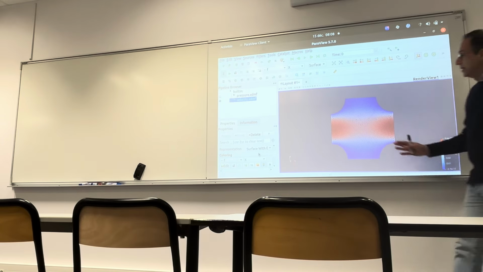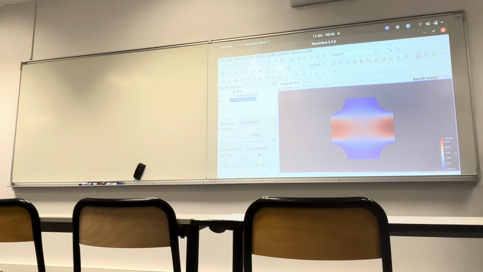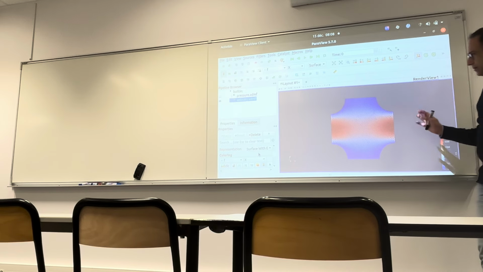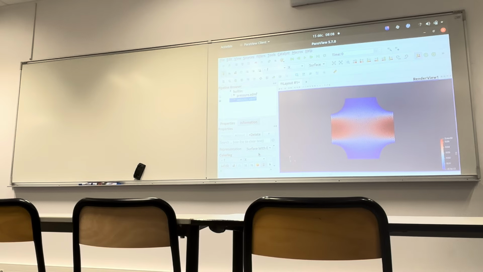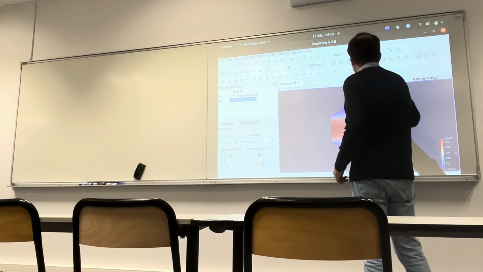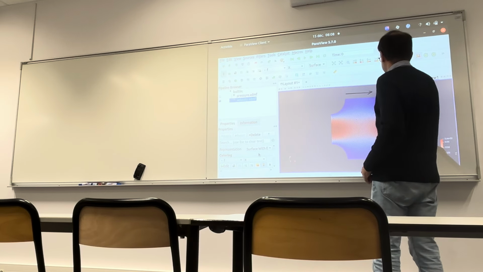So this is the solution of the problem that we got for the velocity field, for the x component of the velocity field, which obviously is periodic in x and y. This is quite evident. Similarly, we obtain, due to what? Due to a gradient of pressure, a unit gradient of pressure oriented like that.